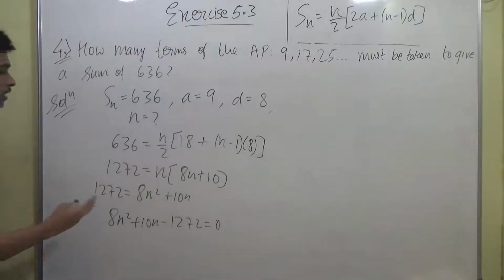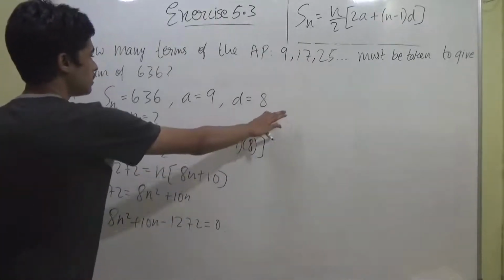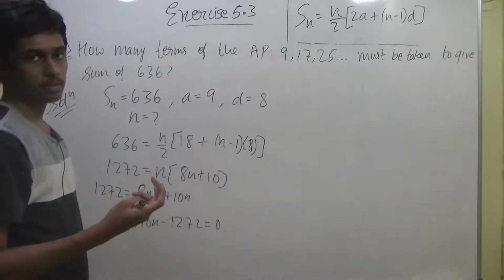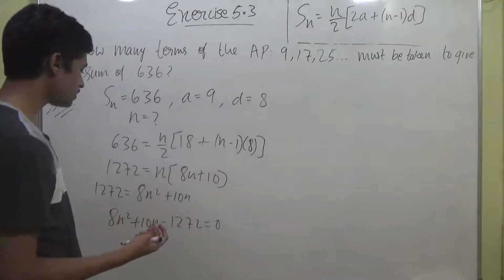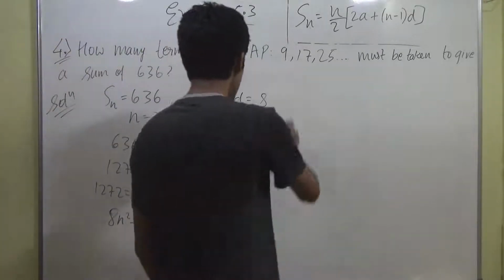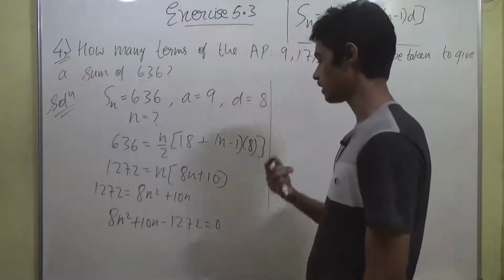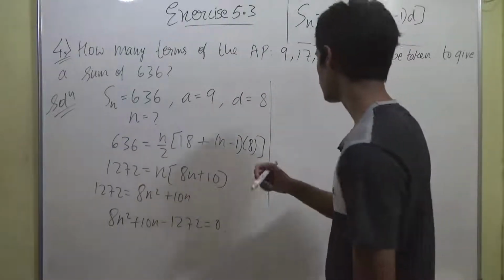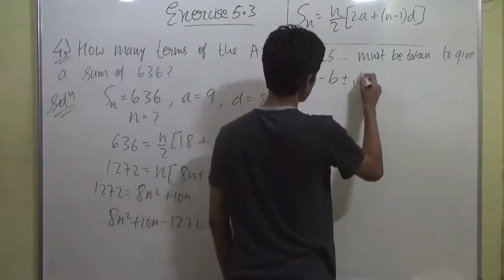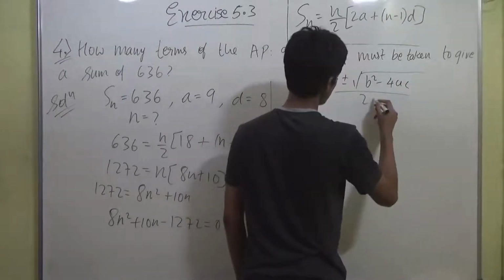Now we have to find the value of n by solving this quadratic equation. You can use any of the methods: completing the square, or the factorization method, or the quadratic formula. I will be using the quadratic formula because I'm not getting the factors when I see it. The quadratic formula is n equal to minus b plus or minus root over b square minus 4ac, by 2a.